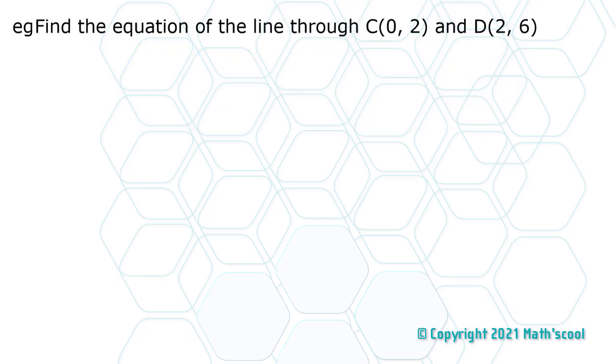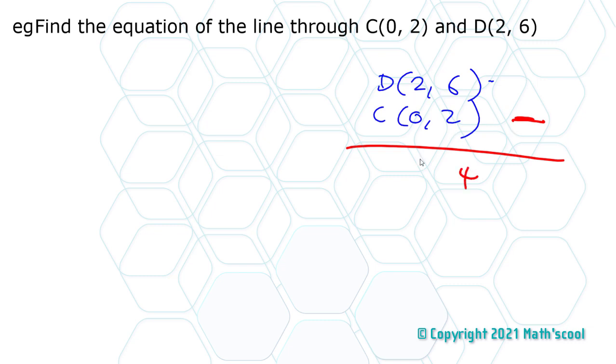Find the equation of the line through C and D. So it's the same thing again. We're just going to find the gradient. D is 2 comma 6, C is 0 comma 2. We subtract them, so that's 4 and that's 2. We reverse divide, and that's our gradient, which is 2. Then we scratch out one of the points, we don't need them both anymore.